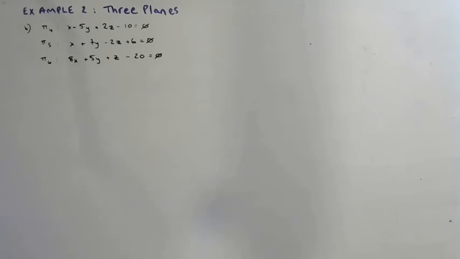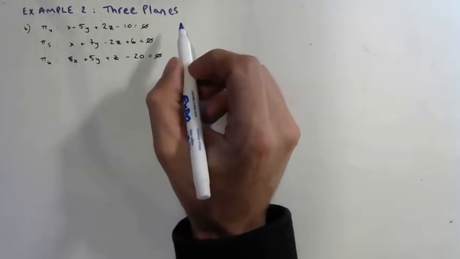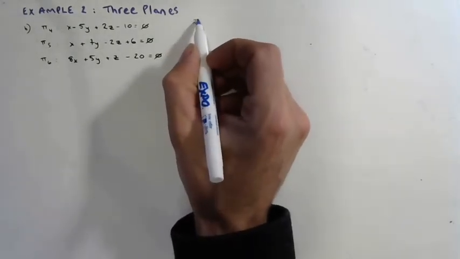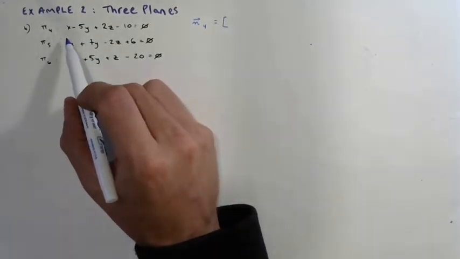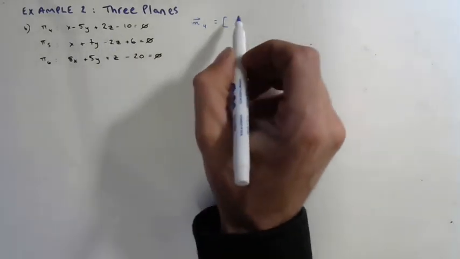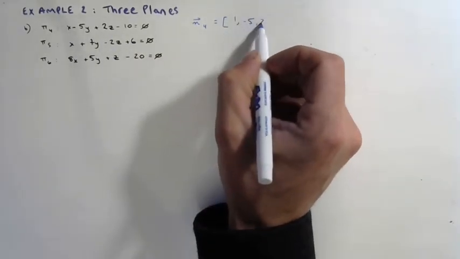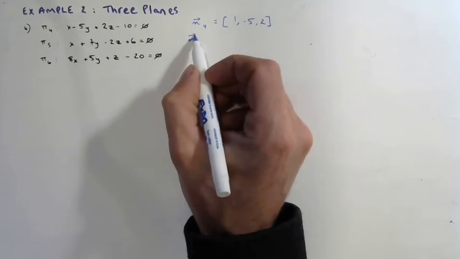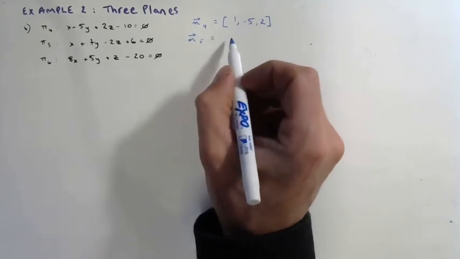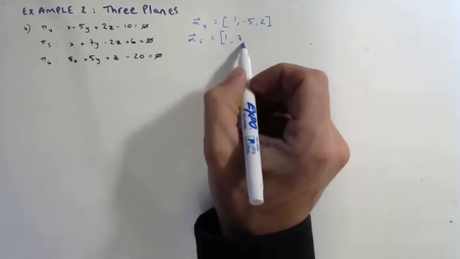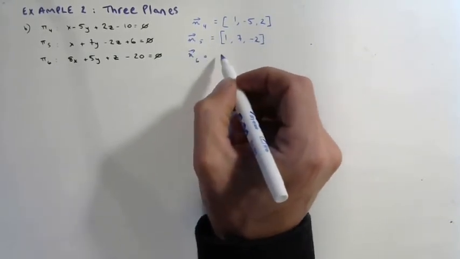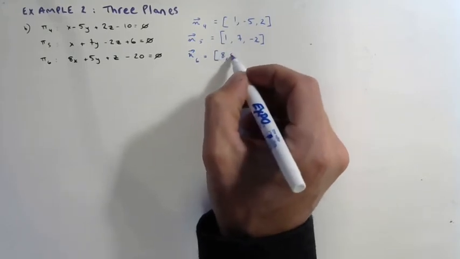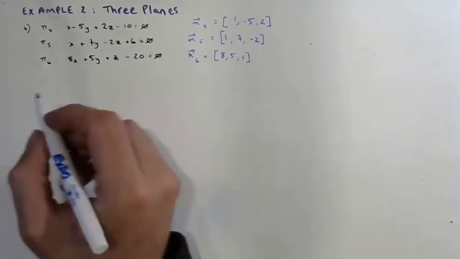We're going to start this off the same way that we did before. We're going to use the normal vector of each plane in order to make some connections. The normal vector for plane 4 is 1, negative 5, 2. Normal vector for plane 5 is 1, 7, negative 2. Normal vector for plane 6 is 8, 5, 1.